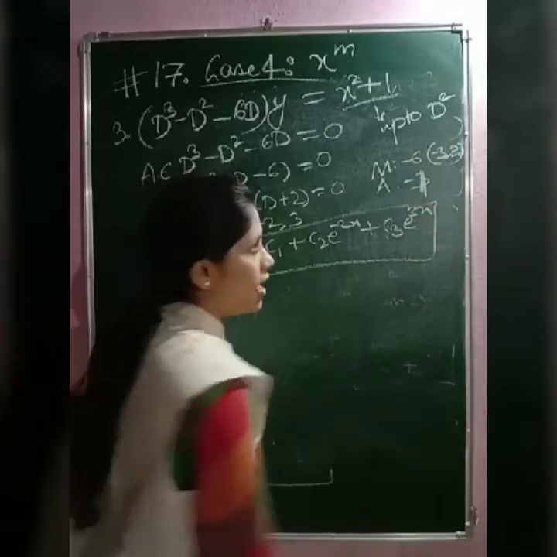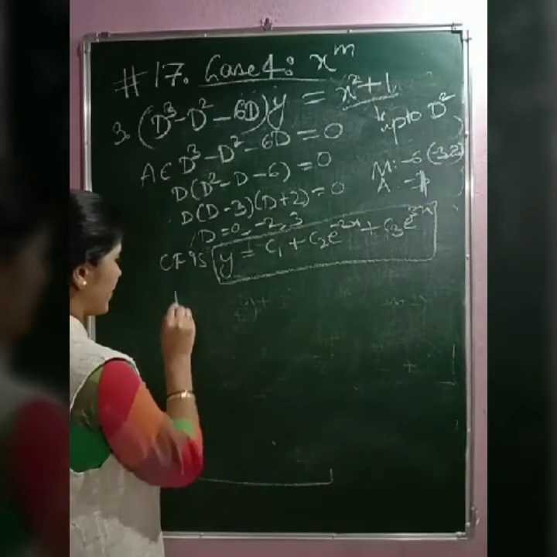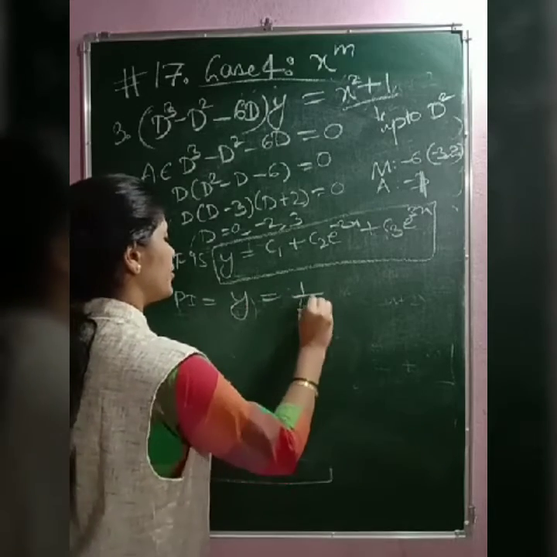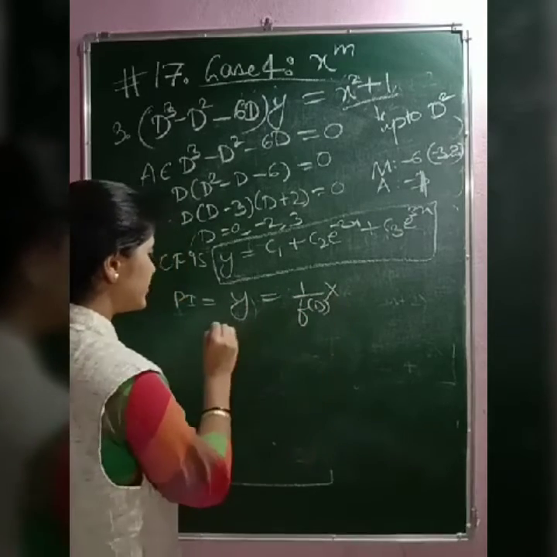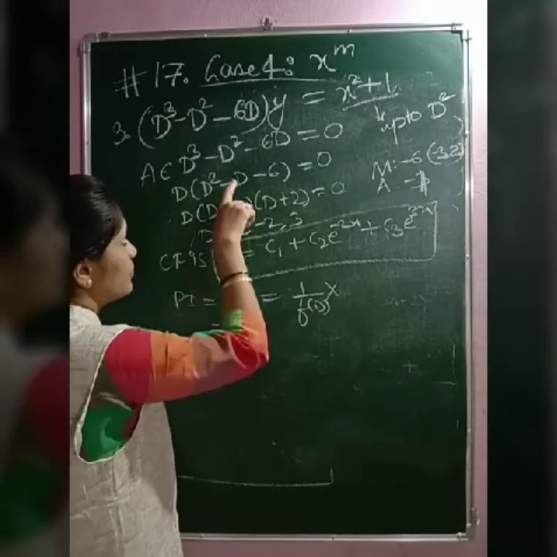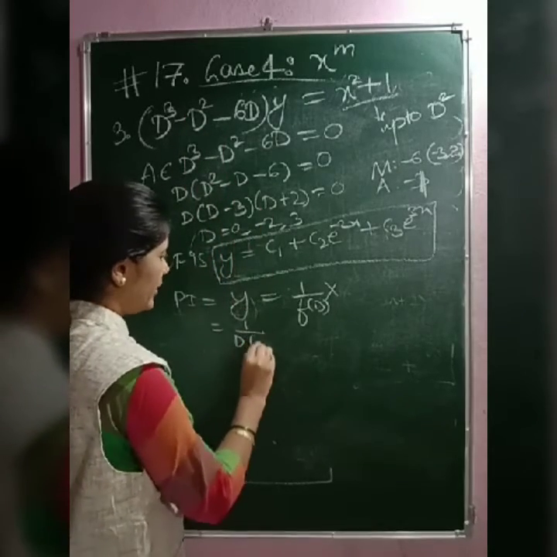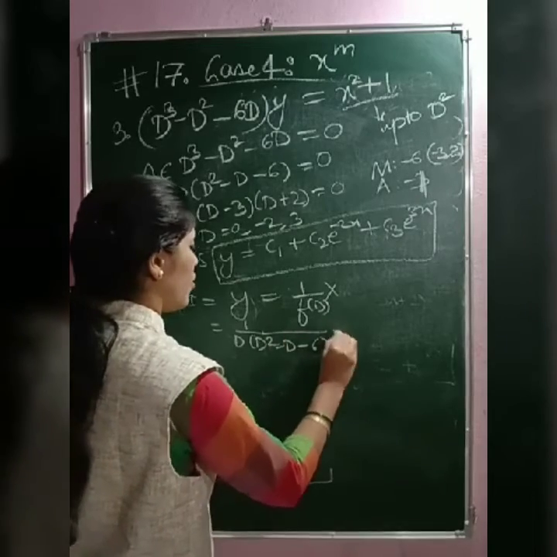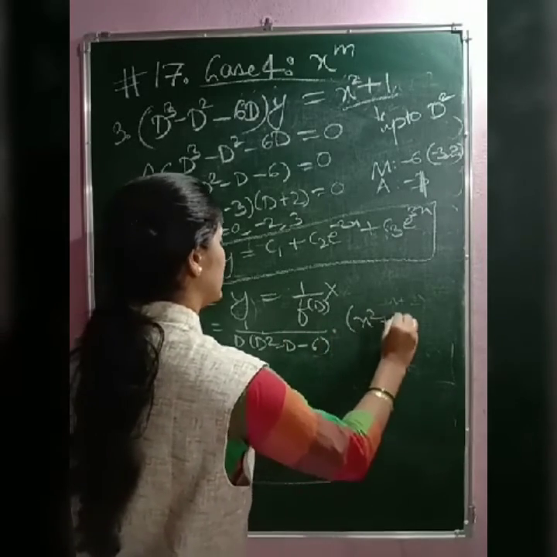So, this is our CF, and now the PI. PI equal to, by definition, y 1 upon f(D) of x. For this example it is 1 by D square minus D minus 6 of x square plus 1.